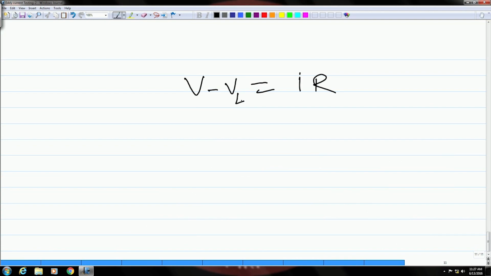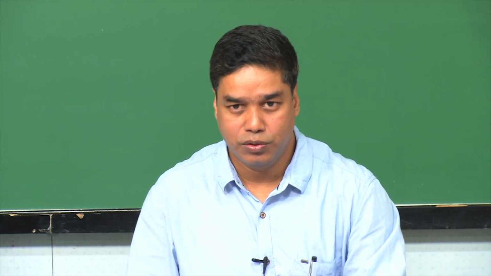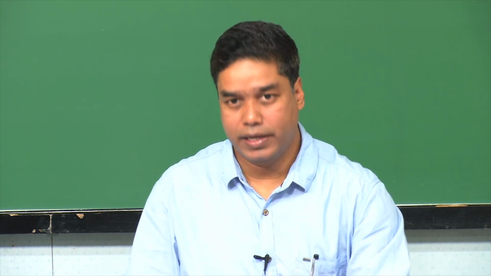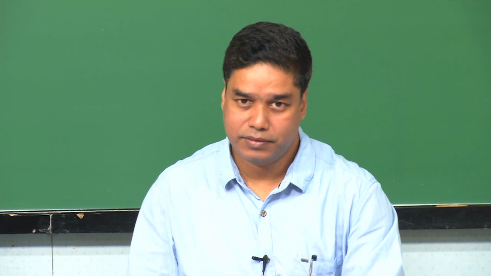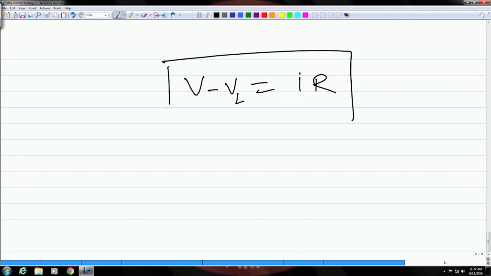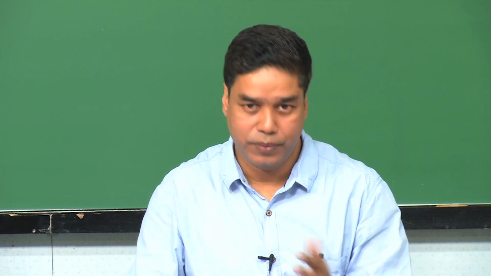We have seen why this negative sign: because this induced EMF is opposed to the primary magnetic field which induced the current, and that is why the negative sign. Okay, so now we can write this, and from this we can derive an expression for the impedance Z.